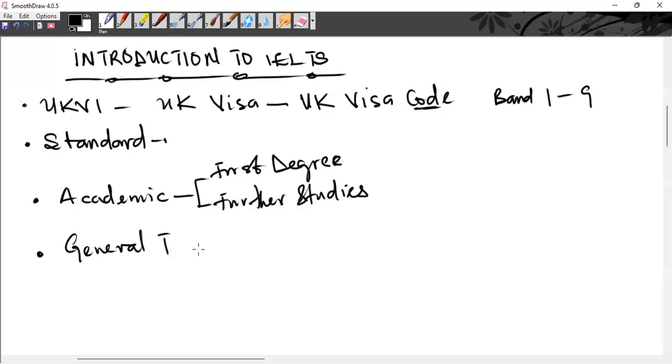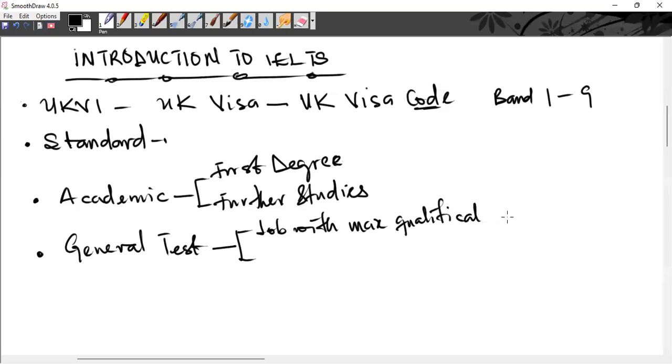The general test is for people going for low-skilled jobs like cleaning, house help, care jobs, jobs with maximum qualification being a diploma.